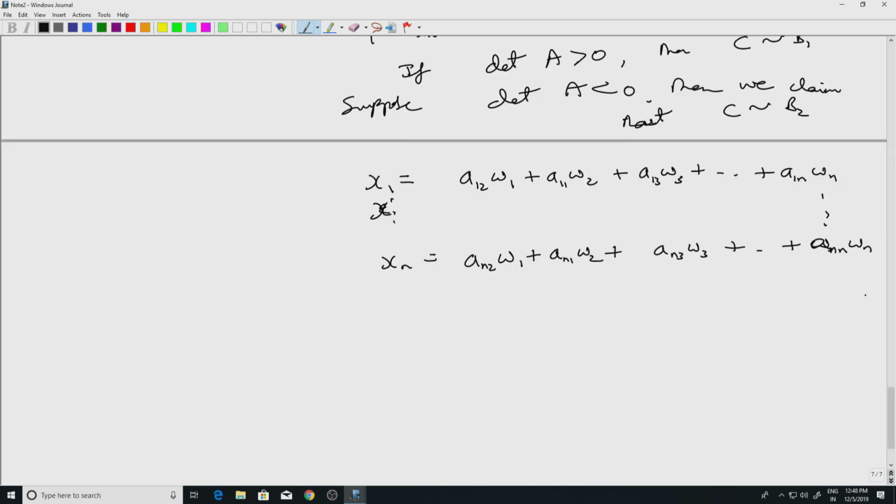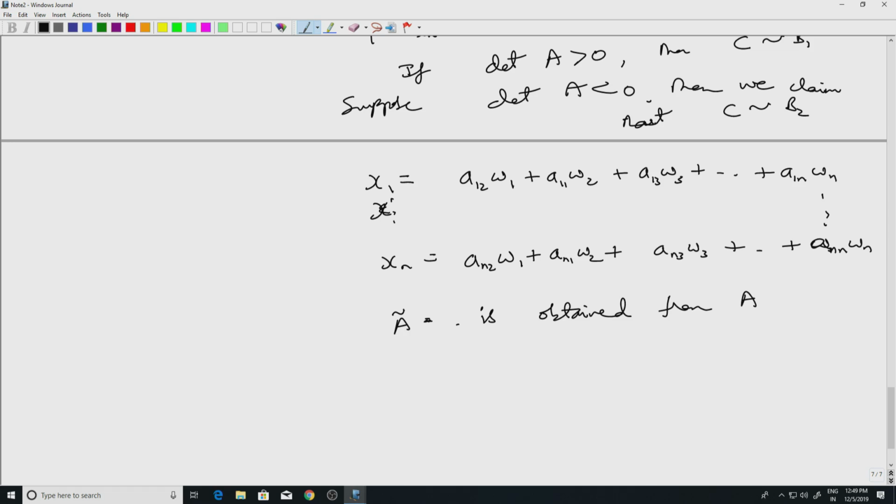In other words, the new matrix A tilde, which relates the basis C with the basis B2, is obtained from the matrix A. All the columns are the same except the first two columns have been interchanged.